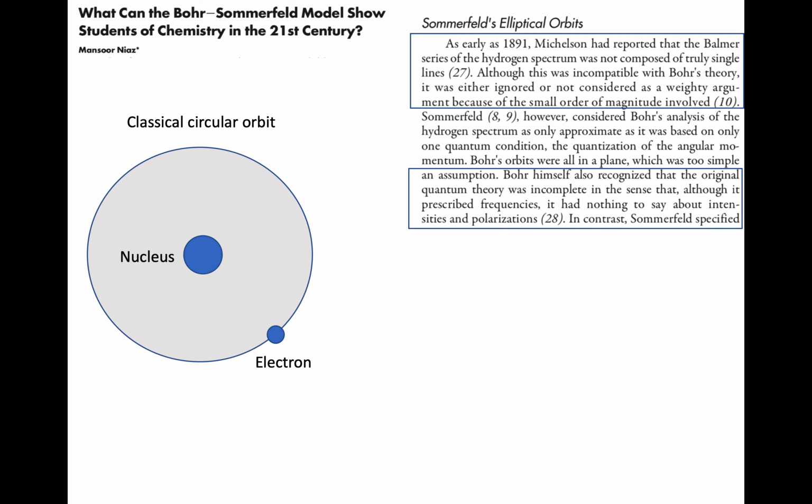But if they look closely at it, it wasn't completely right. There were lines being split, and even though the Bohr model gave us information about frequencies, it didn't tell us anything about, let's say, the intensity of the different peaks.